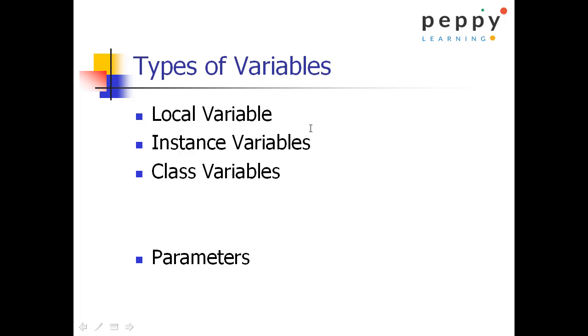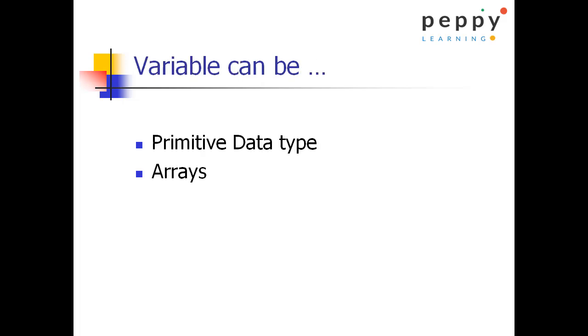Now parameters. When you create a method, you create variables as parameters. When you are calling a method, the person should pass the value for the parameter to execute. Variables can be of primitive type and arrays.